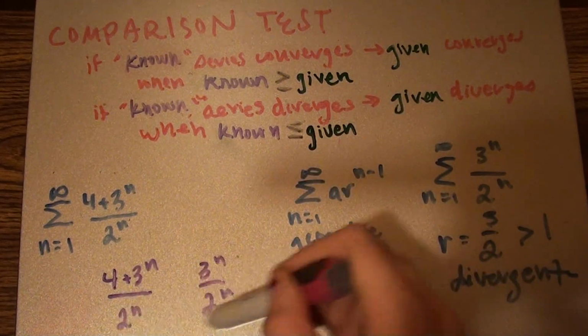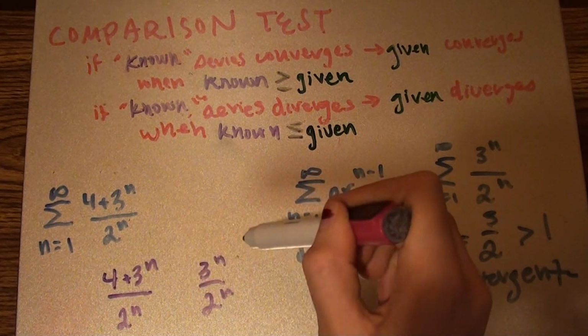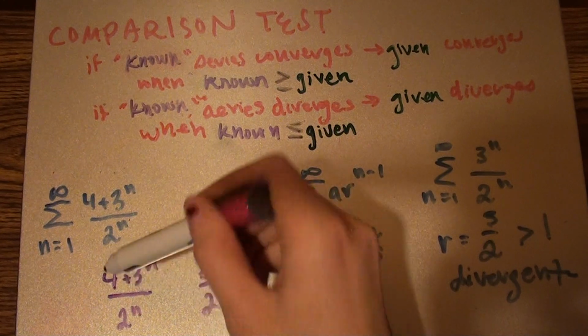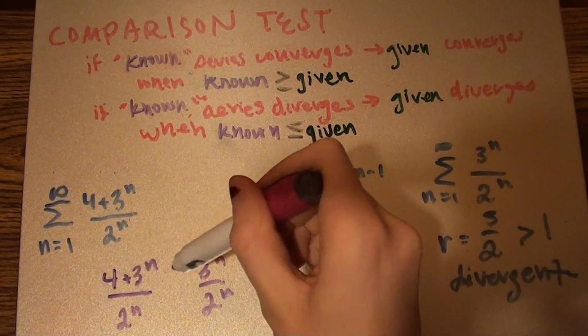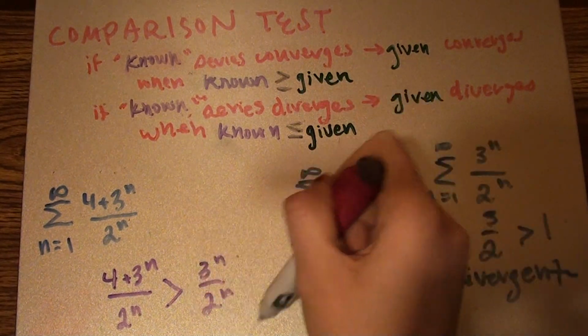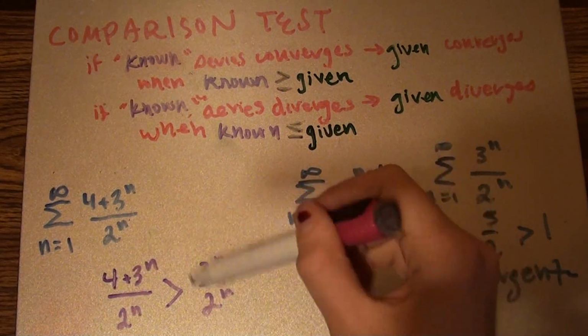Our denominators for these two are the same, so what we're really looking at is our numerators. We have 3 to the n here, and 3 to the n here. The only difference is we have our plus 4. Since we're adding 4 on, this term is going to be greater than our known series.